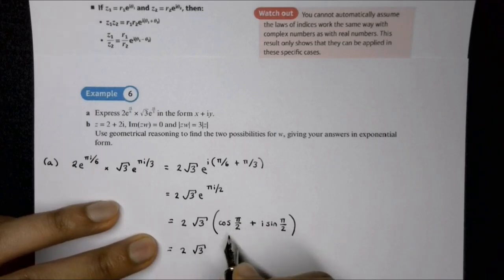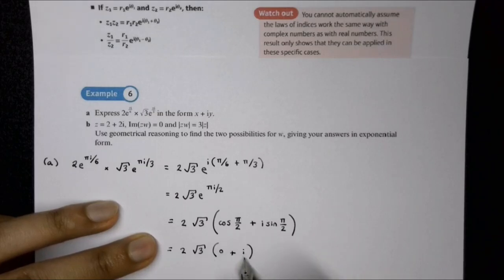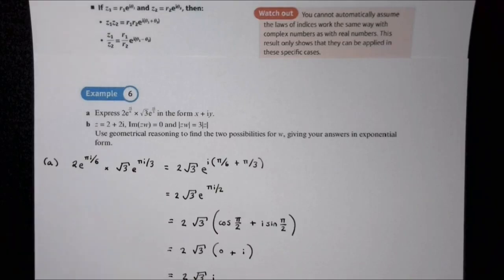Cos of pi over 2 is just 0. i times the sine of pi over 2 is just 1 times i. So if we expand and simplify all this, you can see we have 2 root 3 i as our final answer.